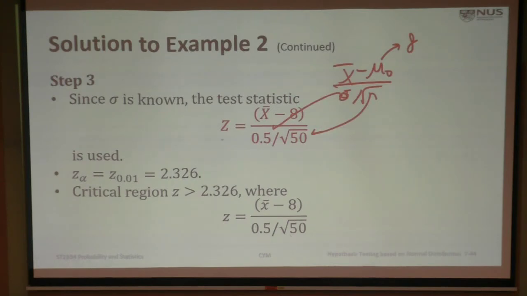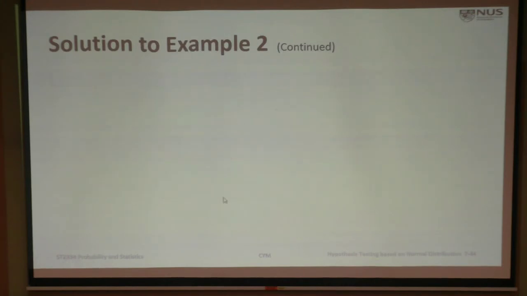You notice that I write down the test statistic as a random variable, and I specify my critical value in terms of lowercase z, which means it is a constant. The critical region is bound by a constant; less than or greater than this constant is considered a rejection region. This constant is compared with the realization of the random variable Z. That means I take a sample, calculate x bar, and get this value of z. Check whether it's bigger than 2.326.